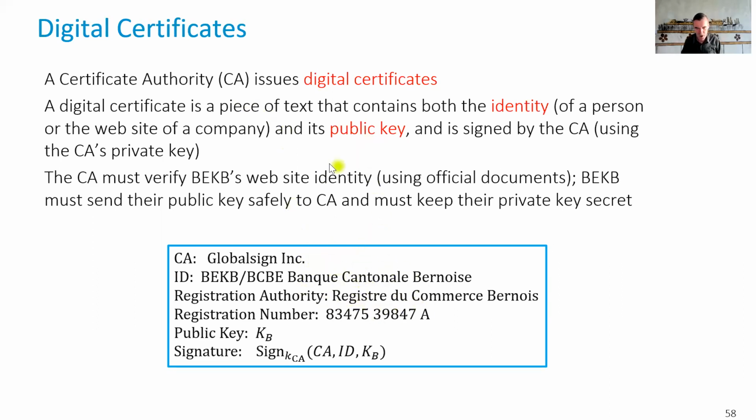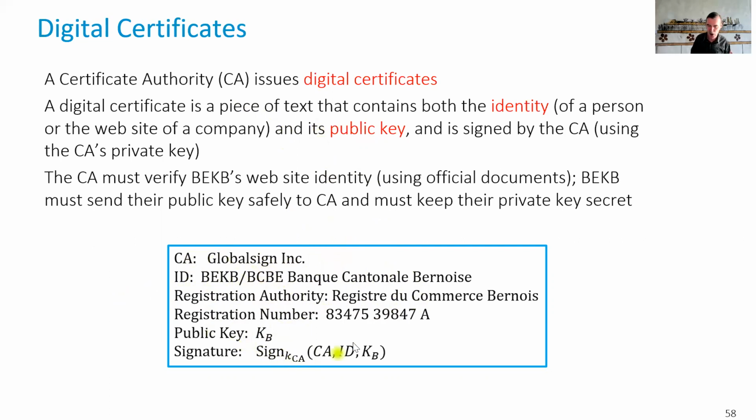Then Global Sign will agree with the Banque Cantonale Bernoise about a public key. The public key will then be signed with the private key of Global Sign here. Now, of course, that's again a chicken and egg problem. So here we're not really solving the problem. We're just putting all the complexity at one place.